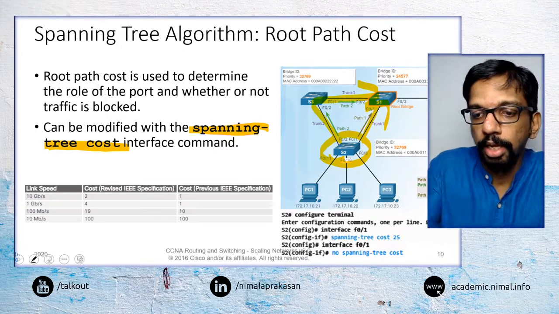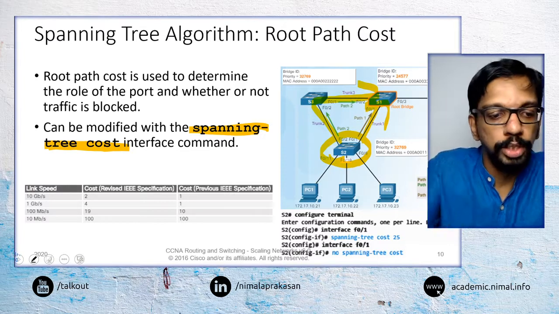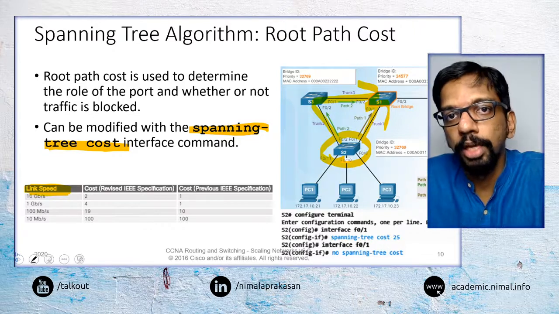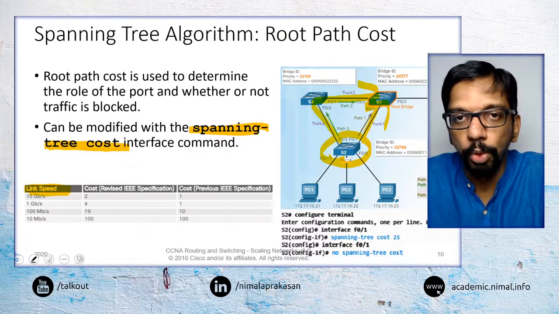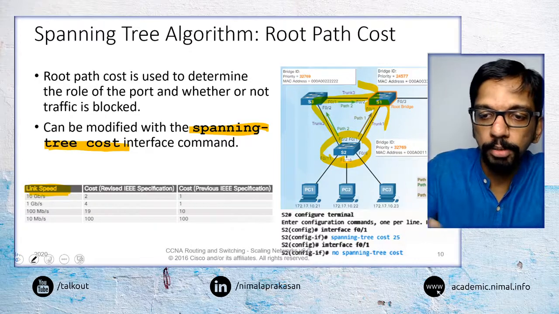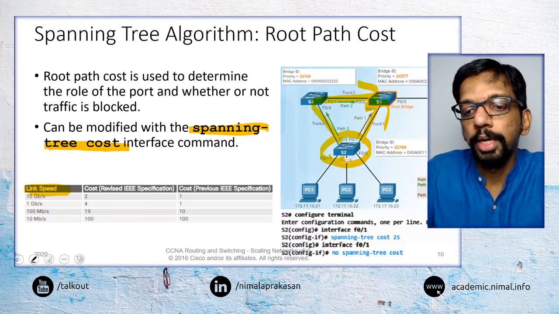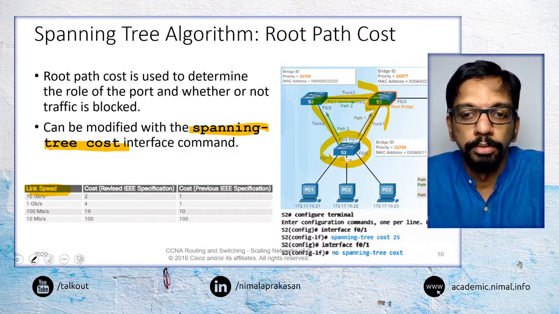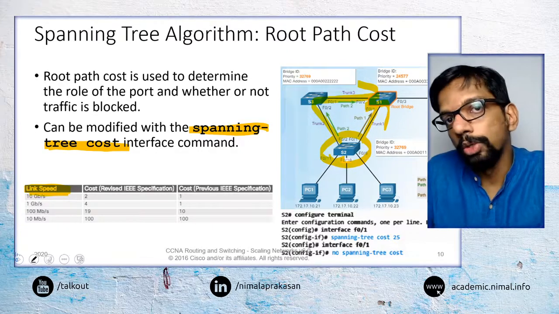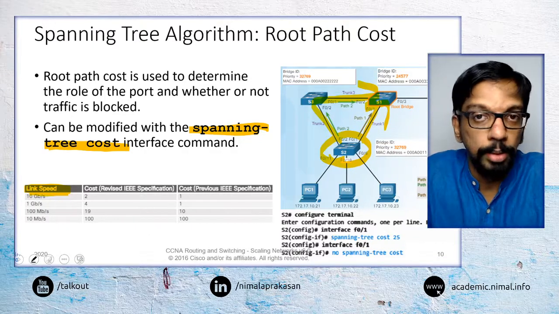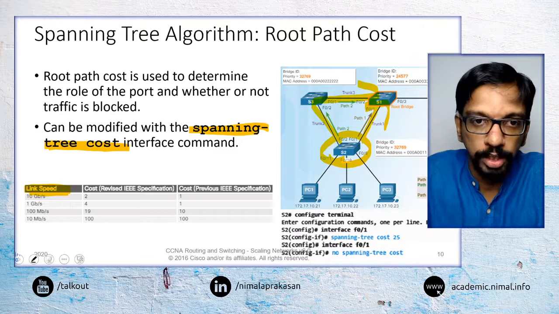So we can let it be calculated using the standard link speeds, or we can manually specify a particular path cost for a particular path. Based on this, the root path cost can be calculated for all the paths that we have from a particular switch to the root bridge.